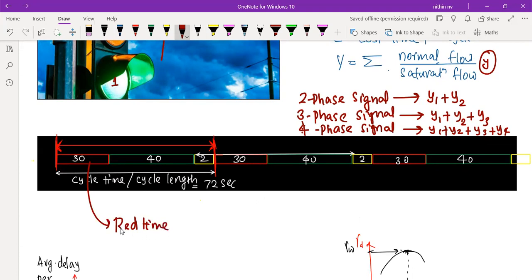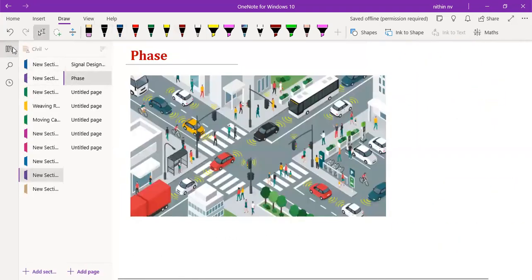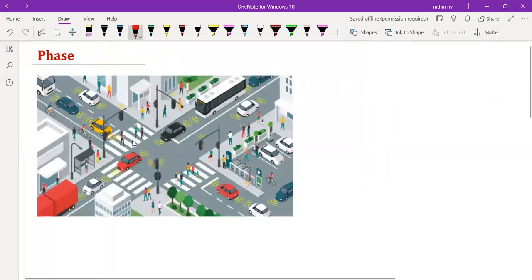All red time means, sometimes in signals, you might have seen, everywhere there will be a red signal. Why? No vehicles should move. All vehicles should stop there. This is what is called all red time. It will be like 6 seconds, 10 seconds, a small value. Why are we giving that? You have seen so many pedestrians are crossing. That is why.